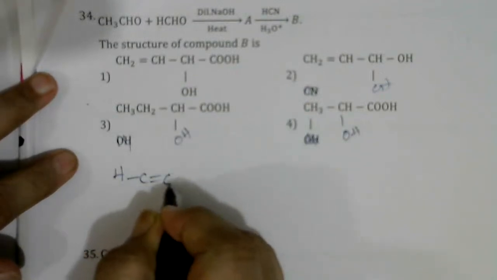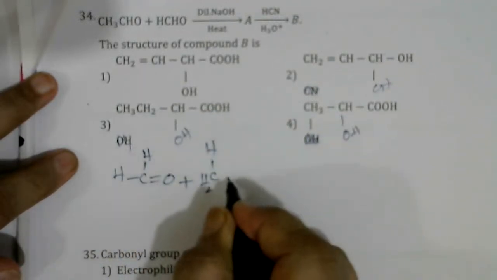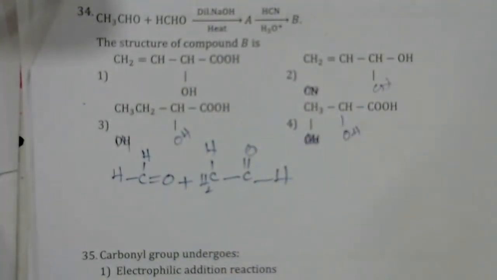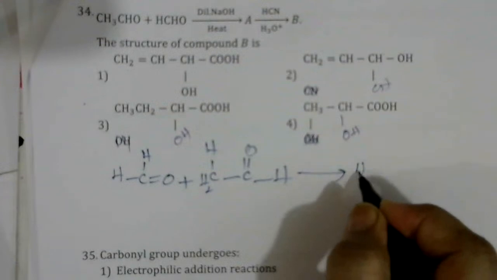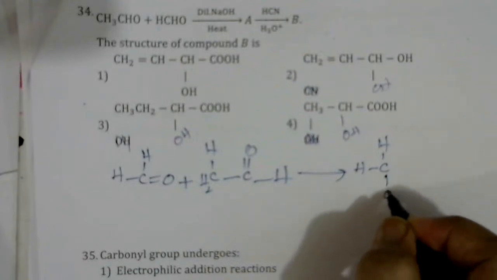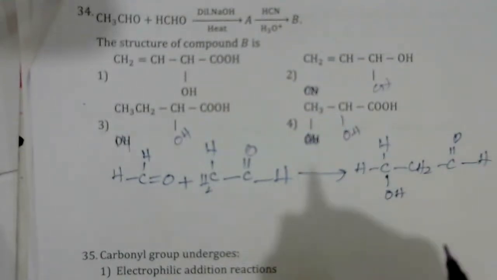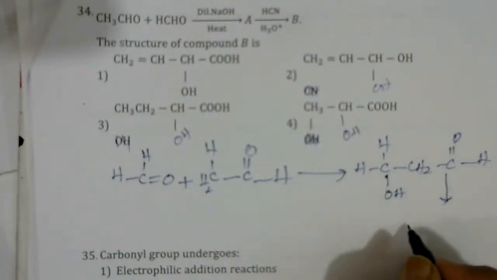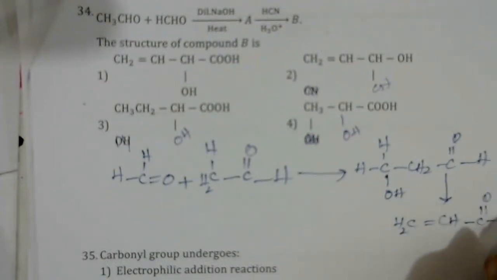CH3, CHO. Correct? C double bond OH. When they are treated in the presence of dilute alkali, we can write it as OH, CH2, an aldol type of product. On heating, they eliminate a water molecule to get CH2 double bond CH, C double bond OH.